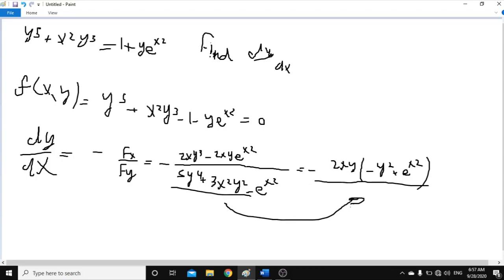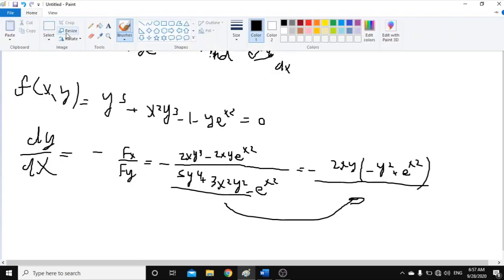And this is the final answer for this implicit differentiation problem.